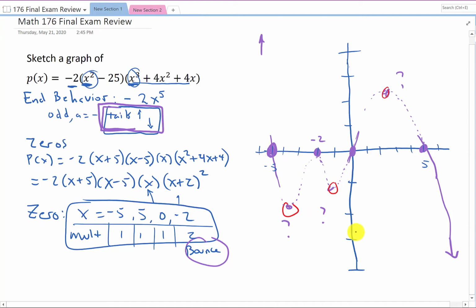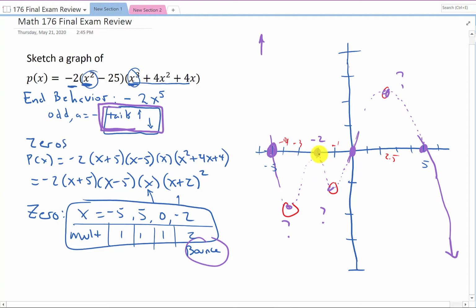So on my y-axis, if I plugged in like 2.5, that's halfway between 0 and 5. That might give me, it's not a guarantee that's the peak, but it'll tell me some target I can shoot for. And the same with -1 and say -3 or -4. That would give me a value to have a target to drop down to.